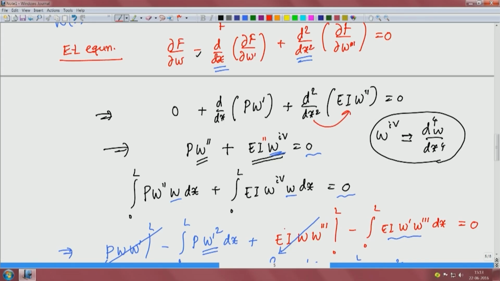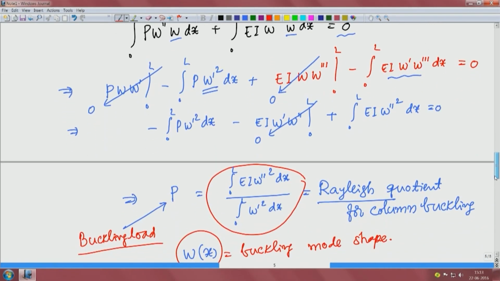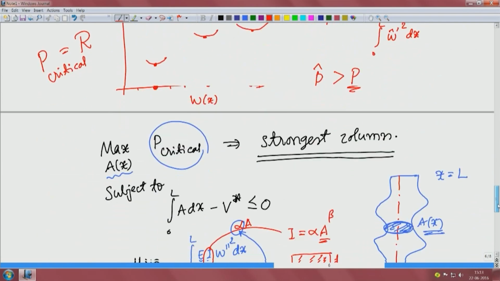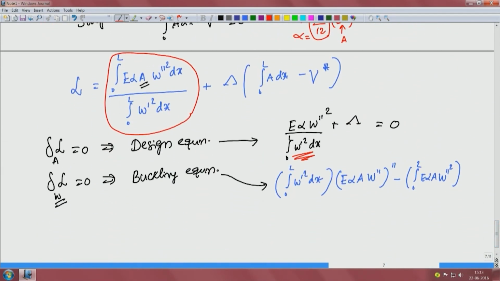That will change a few things over here. When we write everything, all that would have changed, A double prime and so forth. So, we have to redo the Rayleigh quotient to get it right. Otherwise, we see that there is no A in the denominator, and these other things are missing.